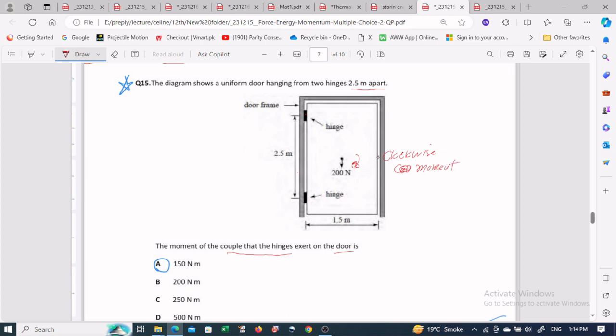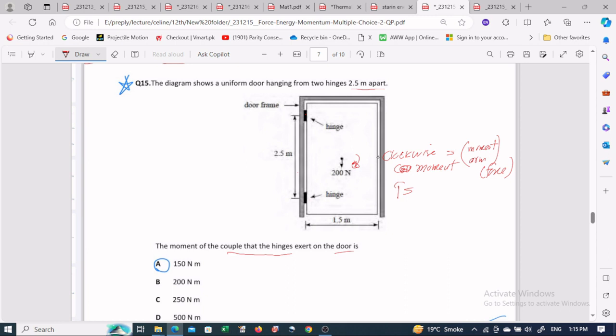As we know, moment is equal to r multiplied by force, where r means the perpendicular distance between the line of action of the force and the pivot point.